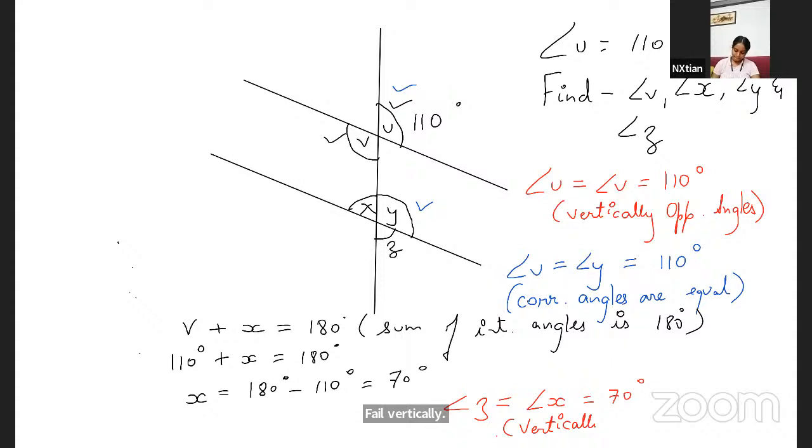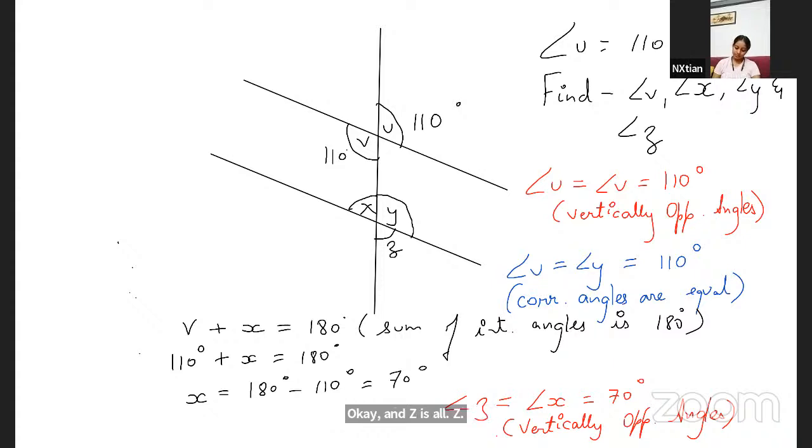Ma'am, all the angles are either 110 or 70. Yes, they are either 110 or 70. So now, v is 110 here. And z is... sorry, y.